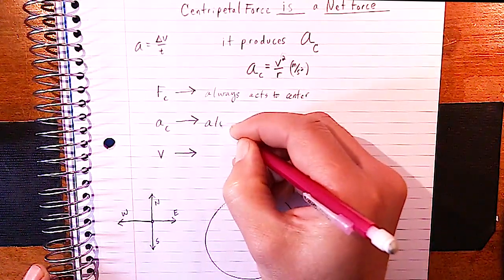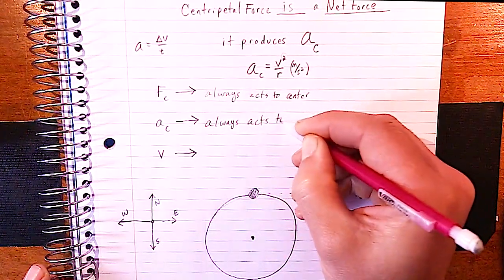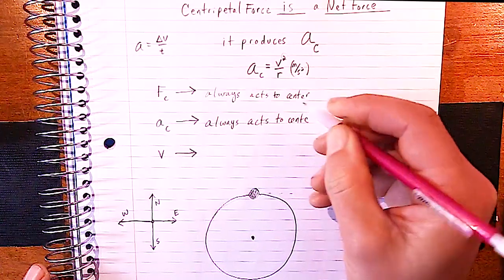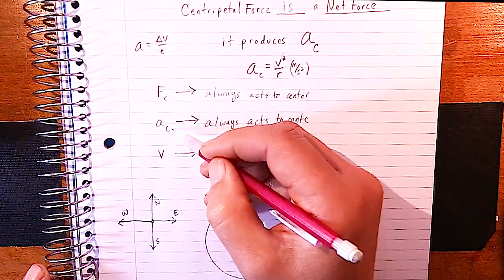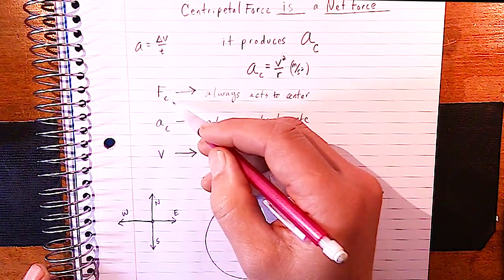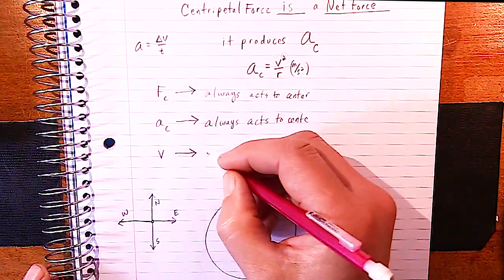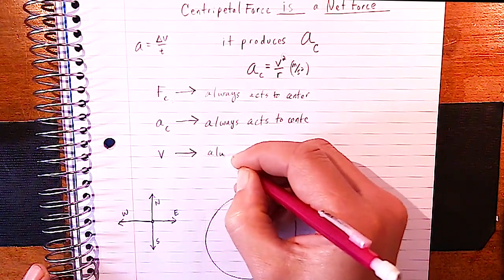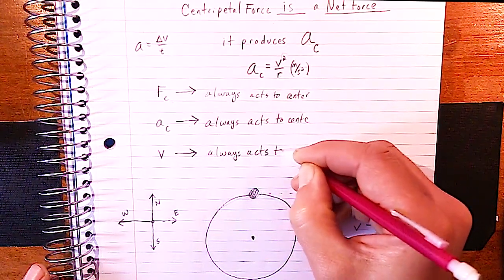Centripetal acceleration also always acts to the center. Why is that? It's because net forces produce acceleration in the same direction as the net force. That's a net force, so it's going to produce acceleration in the same direction. And the velocity always acts tangent to the circle.